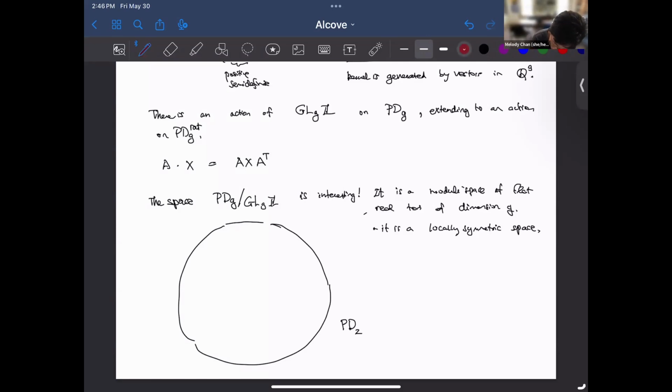It's not obvious at all, but there's a fundamental domain that looks like this. What we're interested in doing is compactifying that fundamental domain. In the case G equals 2, we'd like to add one point in the link.